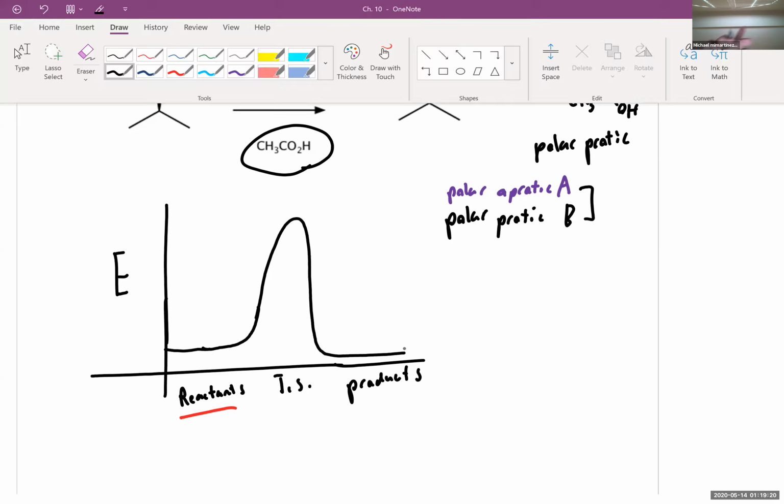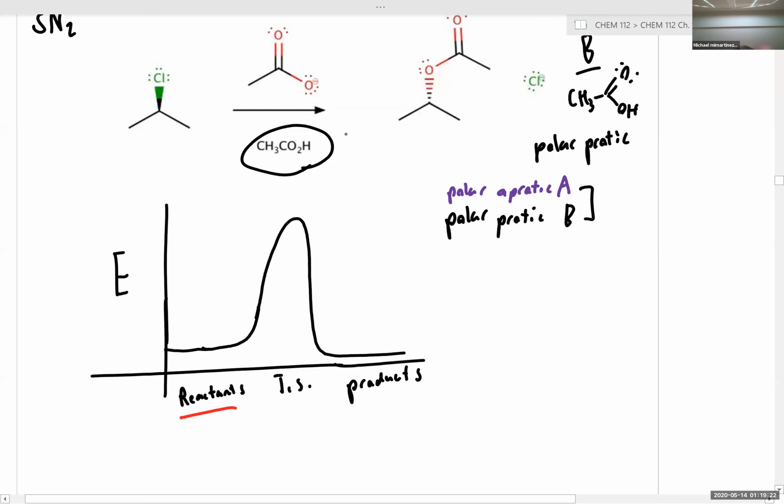For a polar aprotic solvent, if we compare aprotic to protic, should my aprotic reactants be higher or lower in energy?